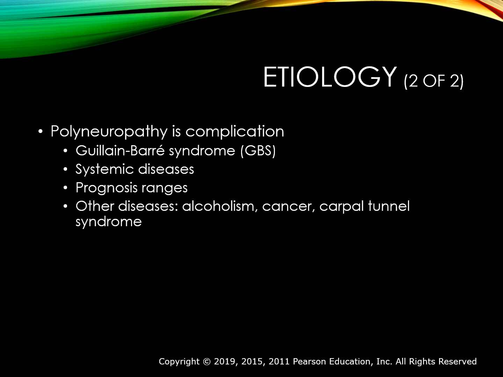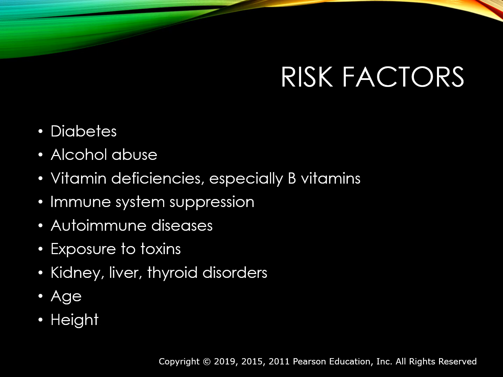Other disease processes that result in peripheral neuropathy: alcoholic neuropathy is damage to the nerves that results from long-term excessive use of alcohol. Malnutrition is a serious complication of chronic alcoholism.